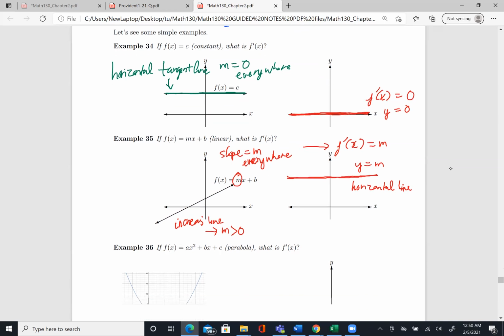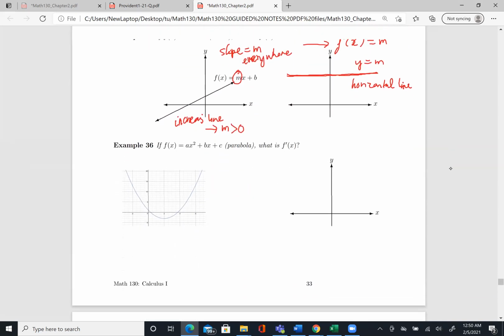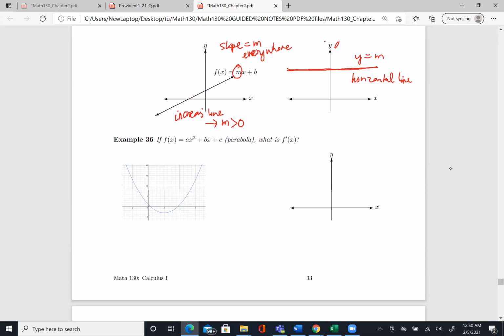Okay, so let's move down here. I have f(x) equal to ax squared plus bx plus c, which is a parabola, right? And we're going to discuss what f'(x) is. This could be a little bit harder than the one before.